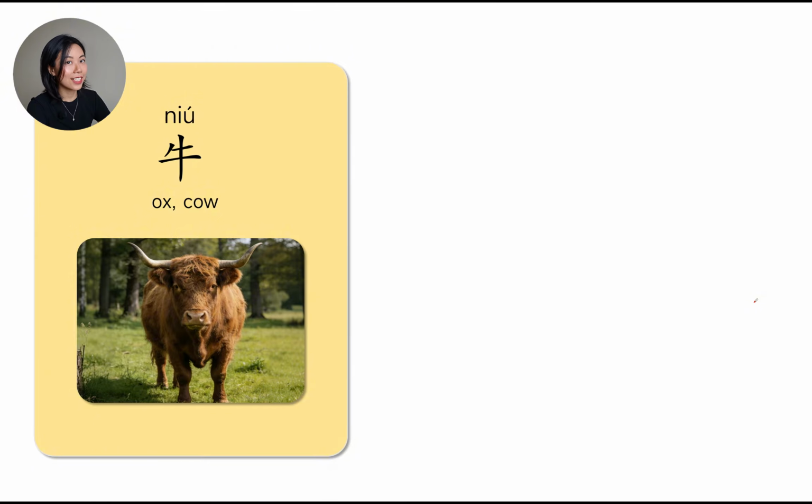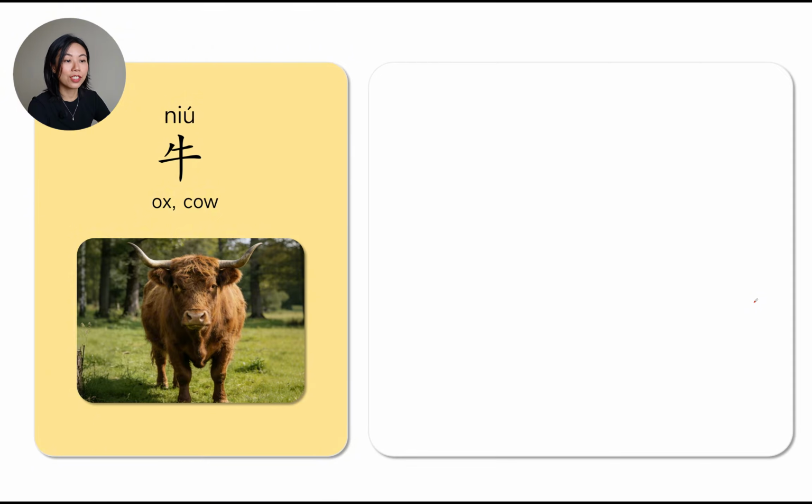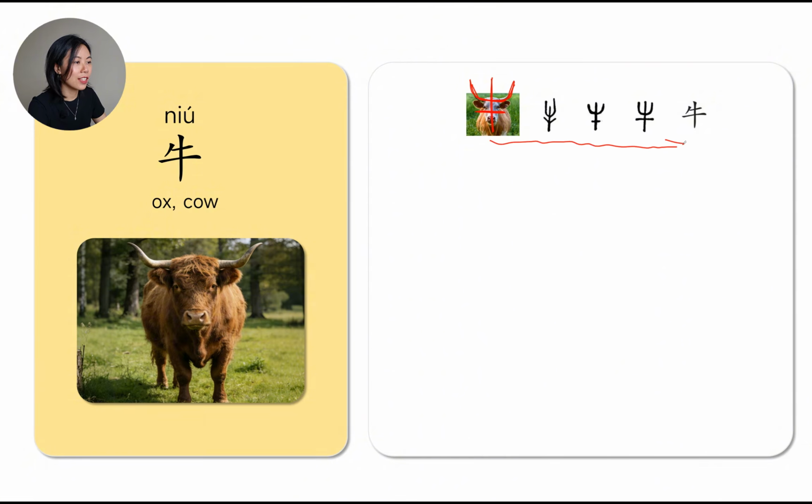So now let's take a look at the evolution of the ox. Actually, it's a very funny word as well. You can see it's evolved from the look of the ox head. See, here is the horn and here is the face. So after thousands of years of evolution, now this is the character for the ox nowadays.